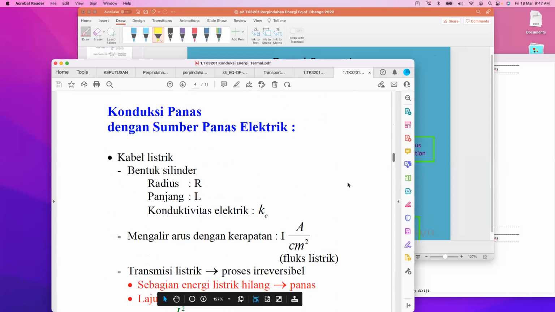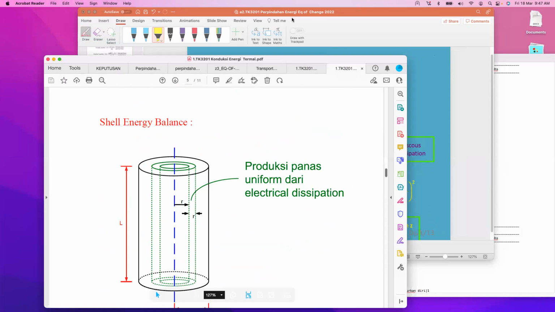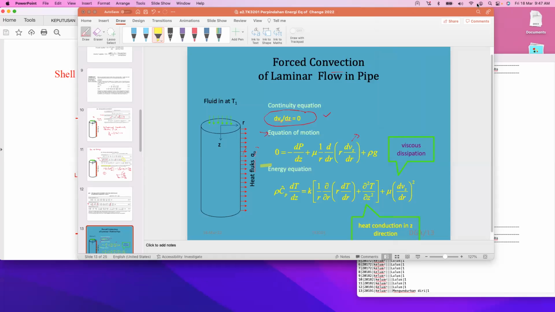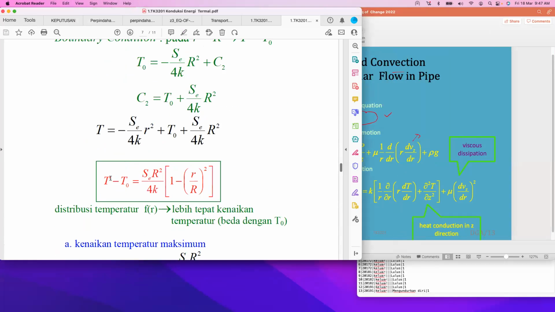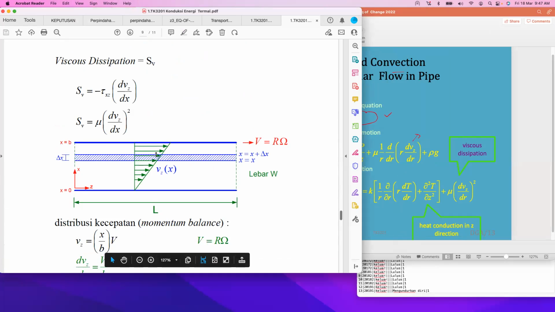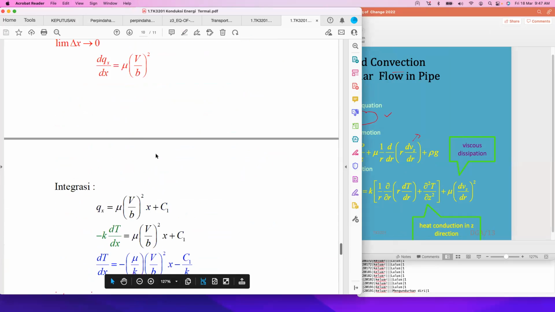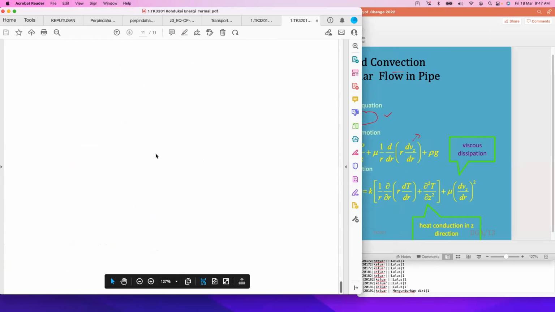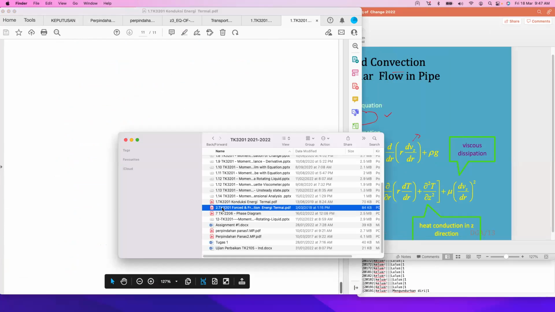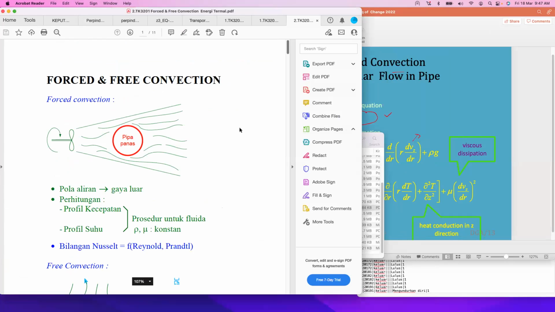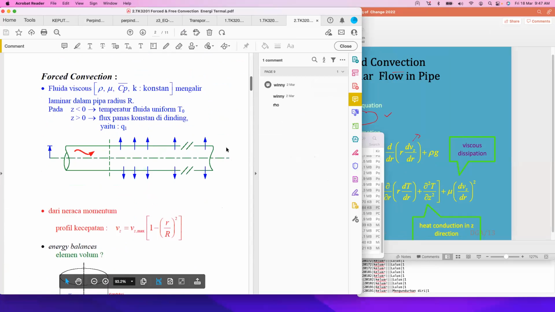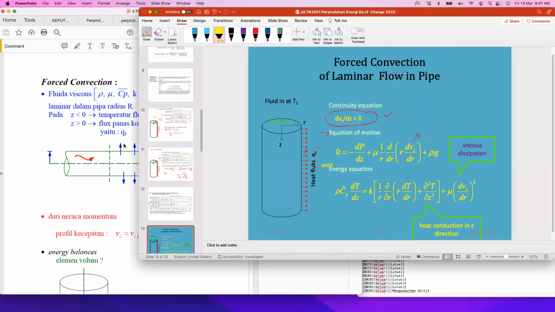For the convection again. So let me remember. Convection, yeah. This one is similar to this one, just different: this is vertical, but this is horizontal.